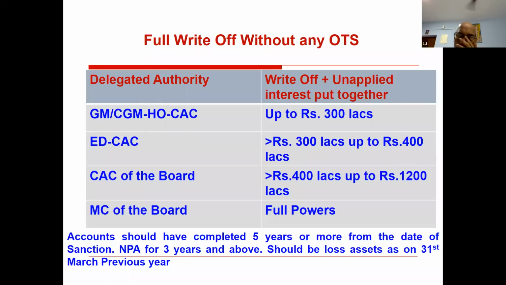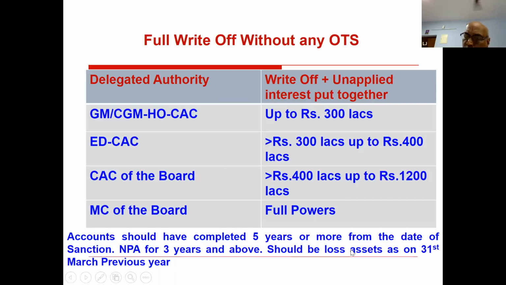So the three conditions are there. This question was asked last time: what are all the conditions? Tick the odd man out. See, the account should have completed 5 years or more from the date of sanction. So when you are submitting the proposal for full write-off without OTS, the account should have completed 5 years or more from the date of sanction. Point number 2, you should have been in NPA for 3 years and above.